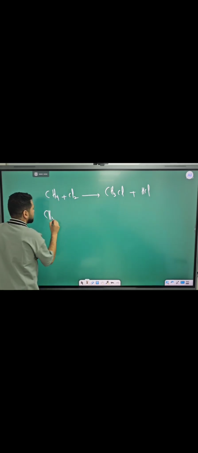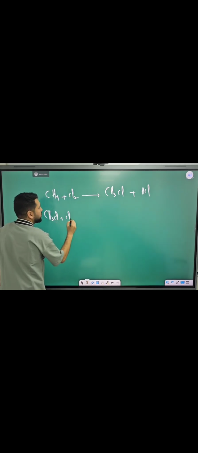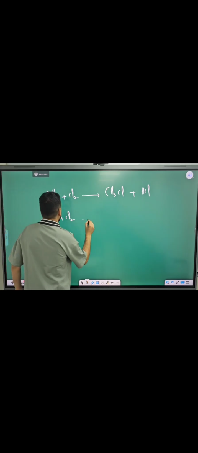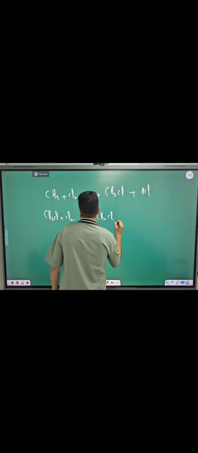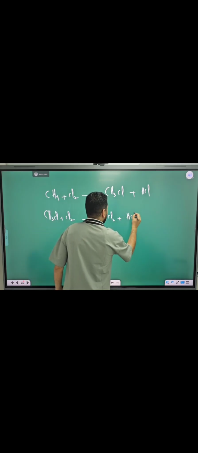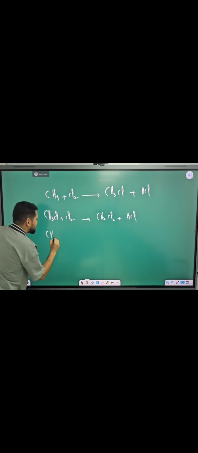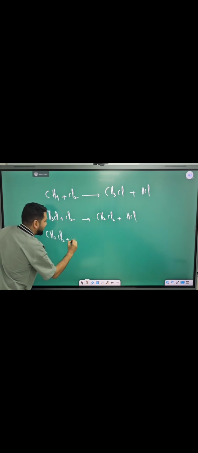If I take this CH3Cl again, I will treat it with Cl2. So it will lead to the formation of CH2Cl2 plus HCl.